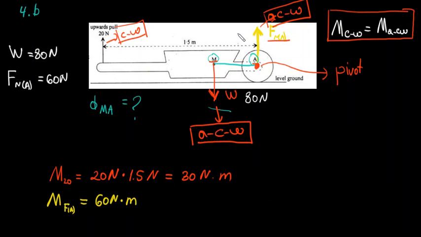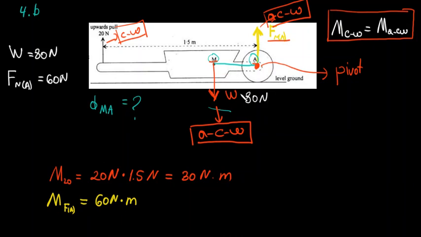You may ask me, why did I write 60? Because I have a 20 here and I have an 80 here. If the system is in equilibrium, it means the total downward force has to be the sum of the forces in the upward direction. So if I subtract 20 from 80, I get 60. So their sum has to be 80 again.